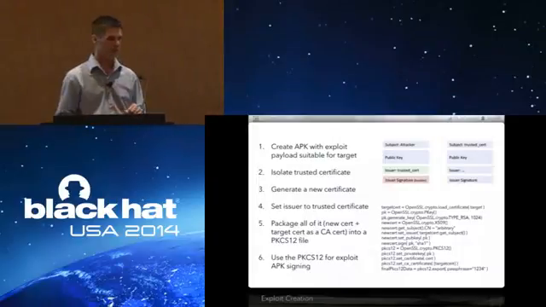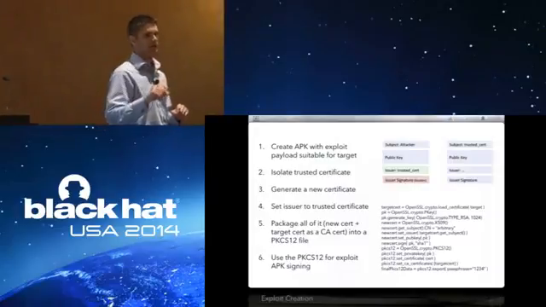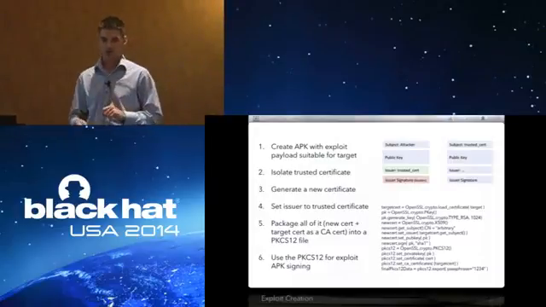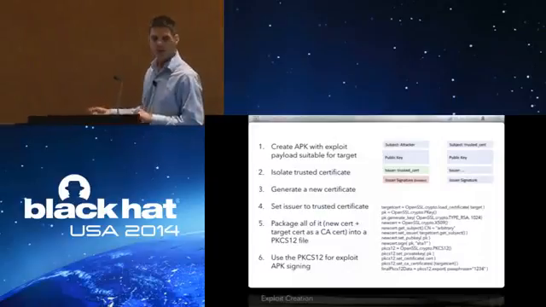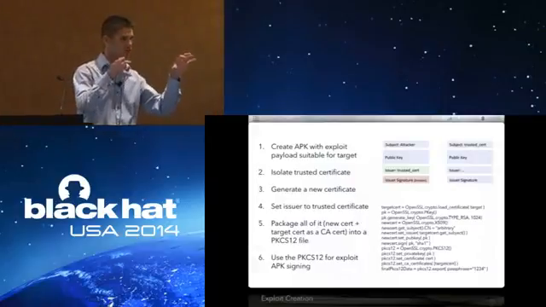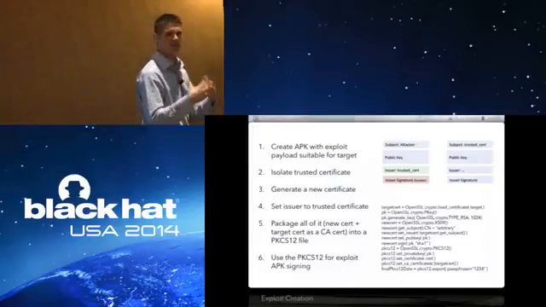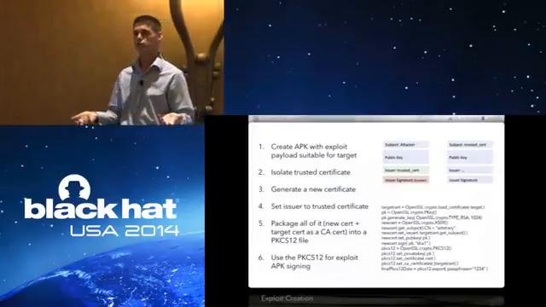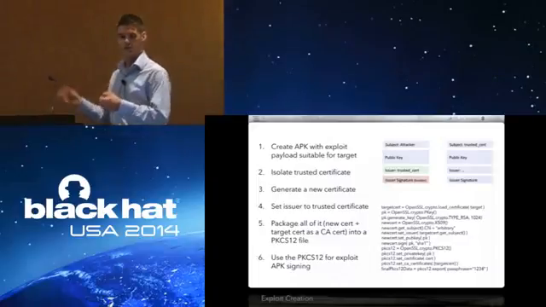Then they're going to go through the process that I visually depicted. They're going to generate a self-signed cert. They're going to update the issuer of that certificate to the trusted cert. And then they're going to use standard tools to package that combination cert into the standard kind of certificate key stores that the Java signing tools and Android tools consume. And then just use the standard Android tools to sign it and ship it.